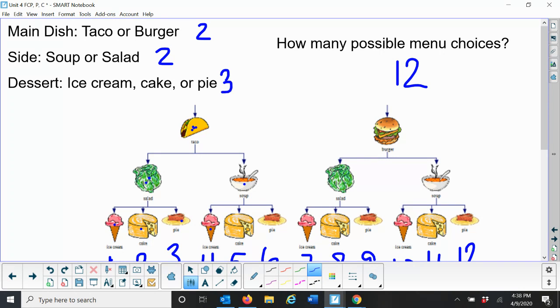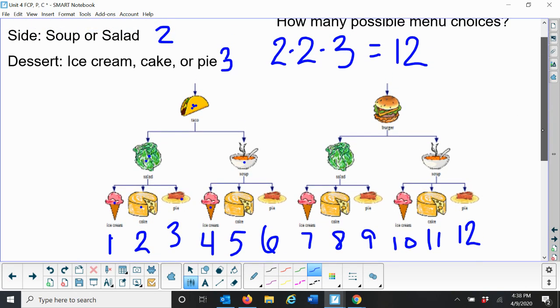If we start to play with the numbers a little bit, what we may notice is that the two main dish options multiplied by the two side options multiplied by the three dessert options, 2 times 2 times 3, give us our 12 menu choices. And this is just a visual of a tree diagram to see that we have those 12 choices.